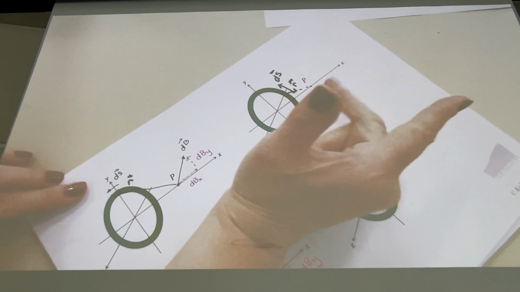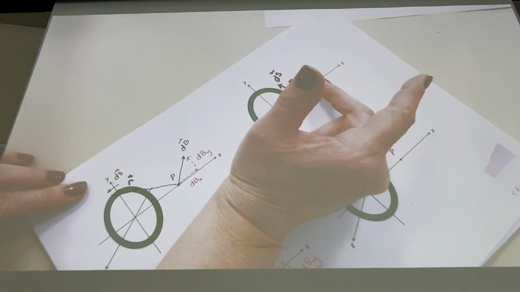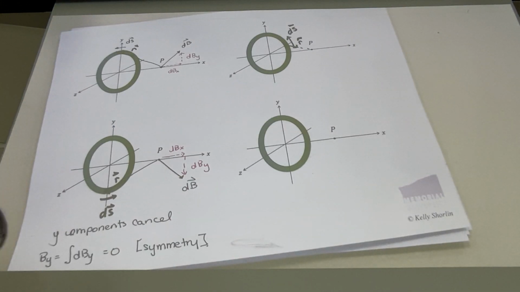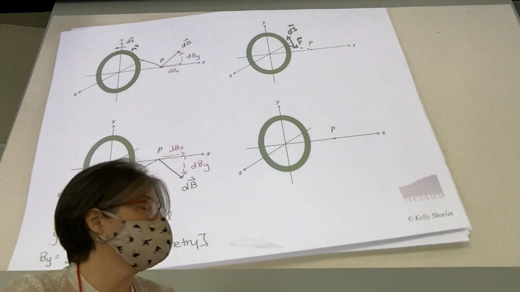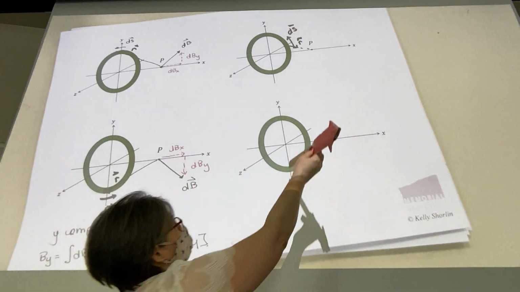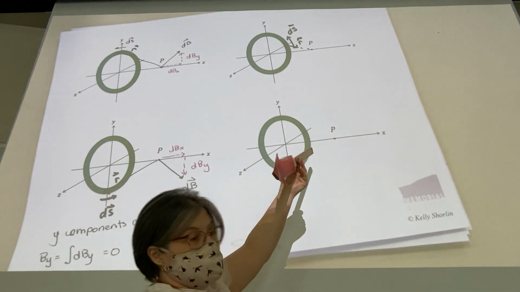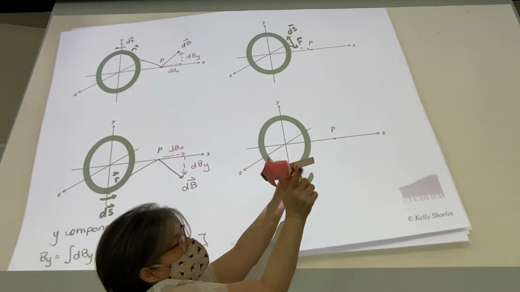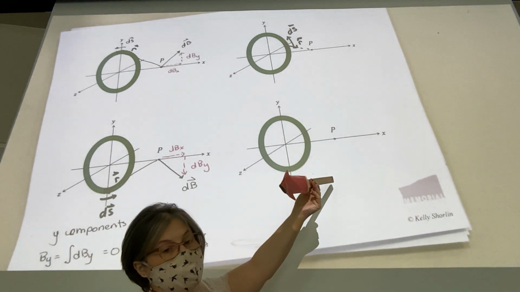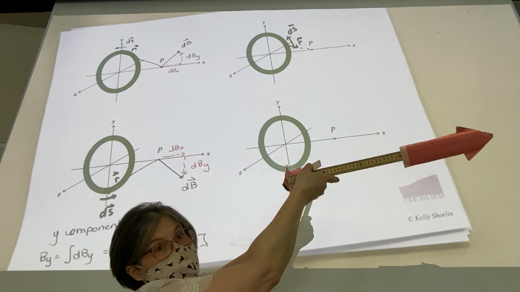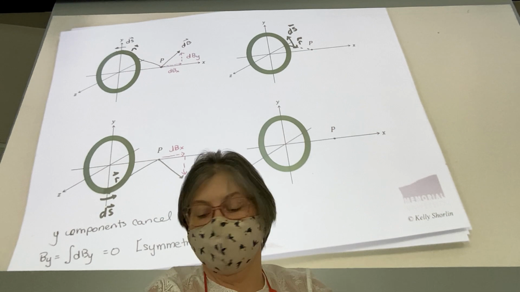So ds cross r hat gives an answer that comes back this way. In terms of what we were doing on the board when we had our loop up there, if the ds was over here on this side, r hat points this way, ds cross r hat gives me a magnetic field that points back this way. Okay, so that's what's going on in the z direction.